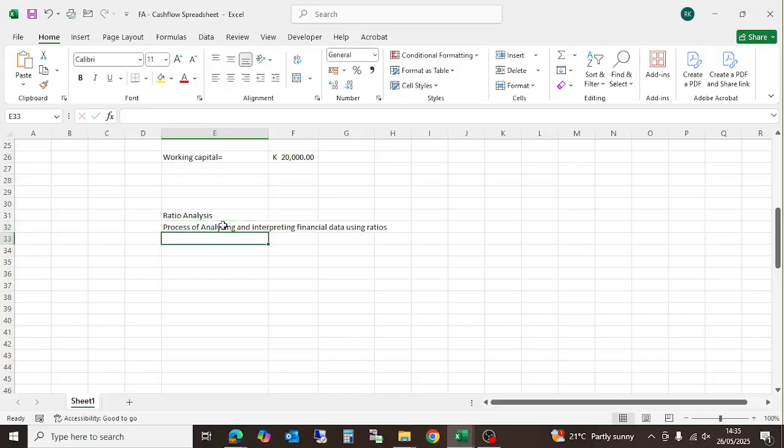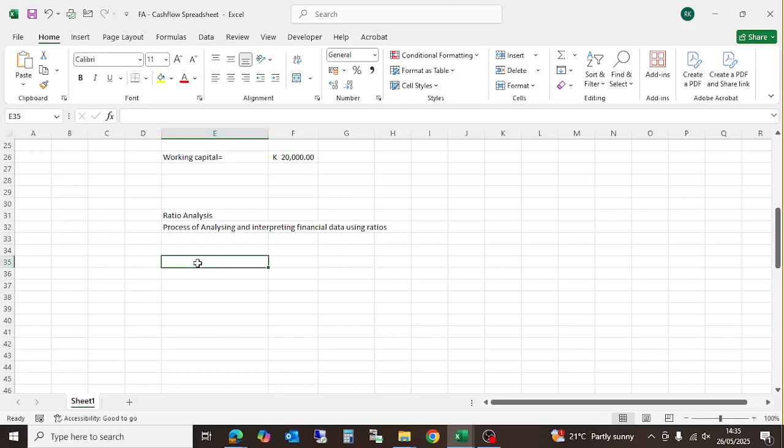So ratio analysis is basically the process of analyzing or interpreting financial data using ratios. We're basically studying financial data. We look at financial information and then we try to interpret it. We try to explain it using ratios. That's what ratio analysis is.